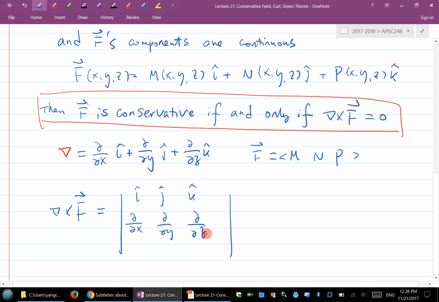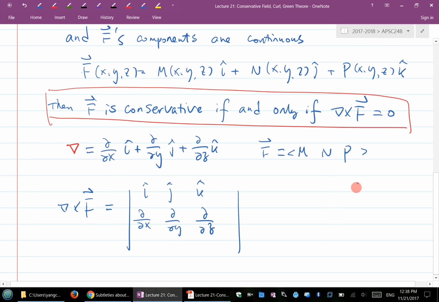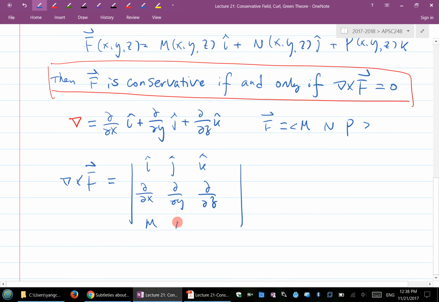That's your del operator. Last row is your vector field components, m, n, p. So you have a 3x3 matrix. Then you calculate the determinant of the 3x3 matrix, and we get this cross product, as we did in many other questions.